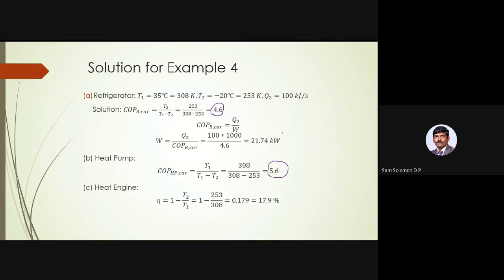The power input for the refrigerator is 21.74 kilowatt. And the efficiency of the heat engine here is 0.179, and you can write this as 17.9 percent. If you multiply it by 100, you will get the answer in percentage. Sometimes they ask you in percentage, sometimes they ask you to write it in decimal. So in both cases, you should know how to write it.